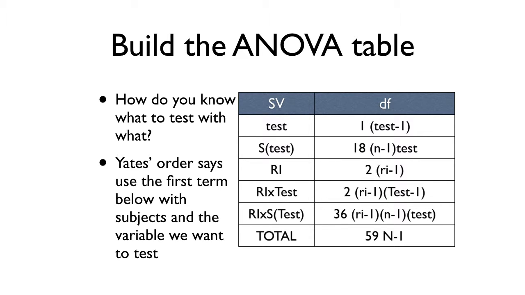Retention interval, well, there's 3 retention intervals, minus 1, 2. We get 2 here, which is retention interval minus 1 times test minus 1. That's easy. You know how to do that already. And then finally, for this, it's Ri minus 1 times n minus 1 times the number of tests. So it's 9 times 2 times 3.